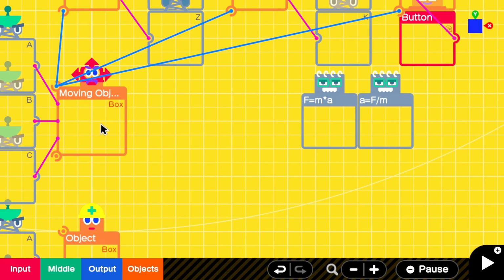Now, if we send an input of 10, the game will apply a force of 10m on this object. So if the force is 10m and the mass is m, the acceleration will be 10. So basically the same as earlier.